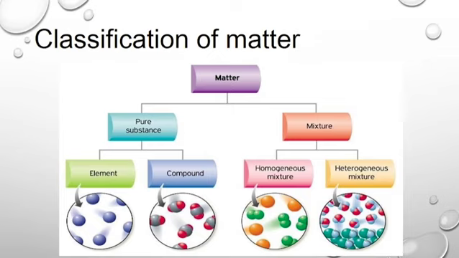Alright, now let's talk about the other type of matter which we call mixtures. Mixtures are formed by the combination of two or more pure substances, and one type is homogeneous and the other one is heterogeneous. So homogeneous mixtures have a uniform particle distribution. But heterogeneous mixtures have no uniform particle distribution. For example, you can take a sugar solution for homogeneous mixtures.